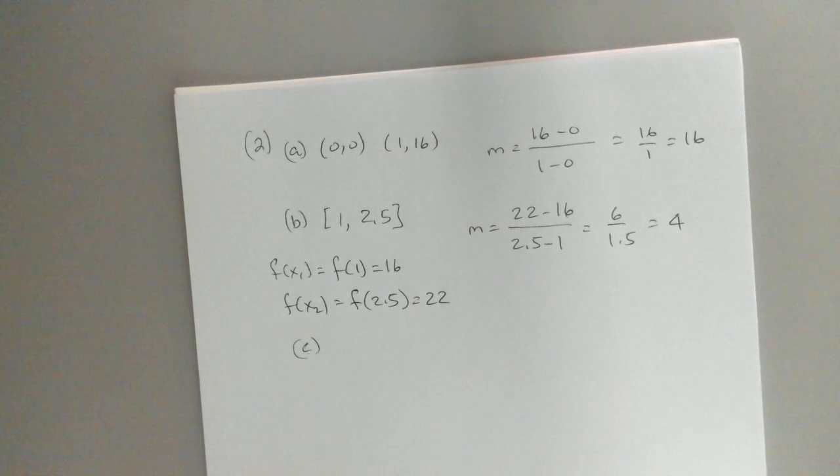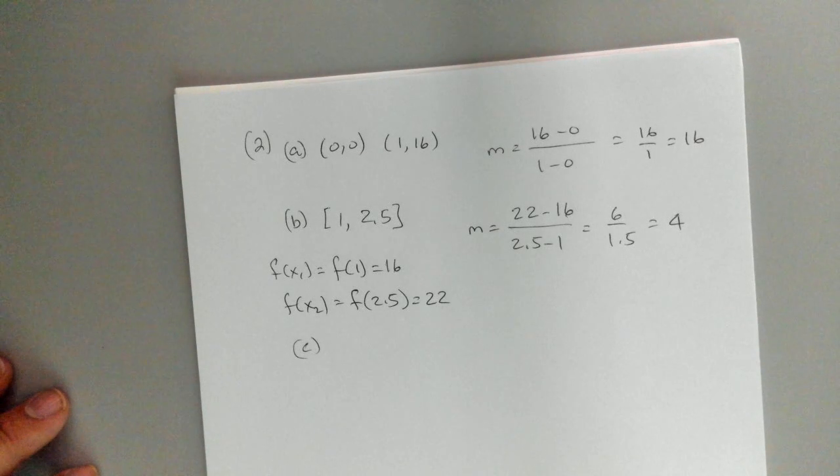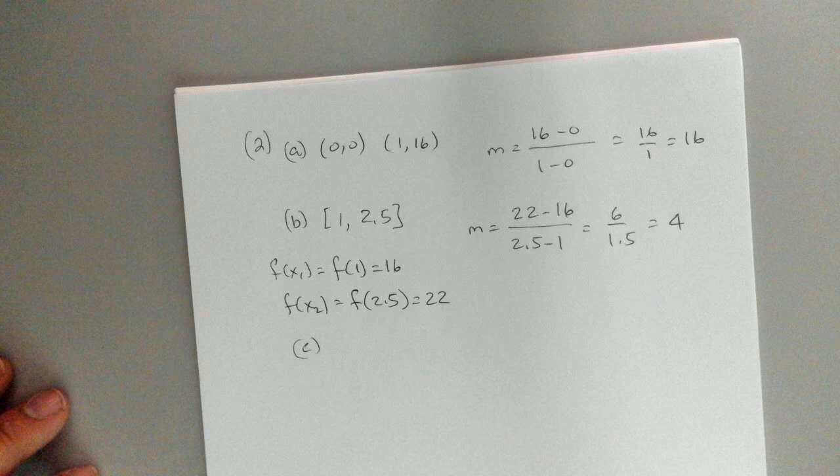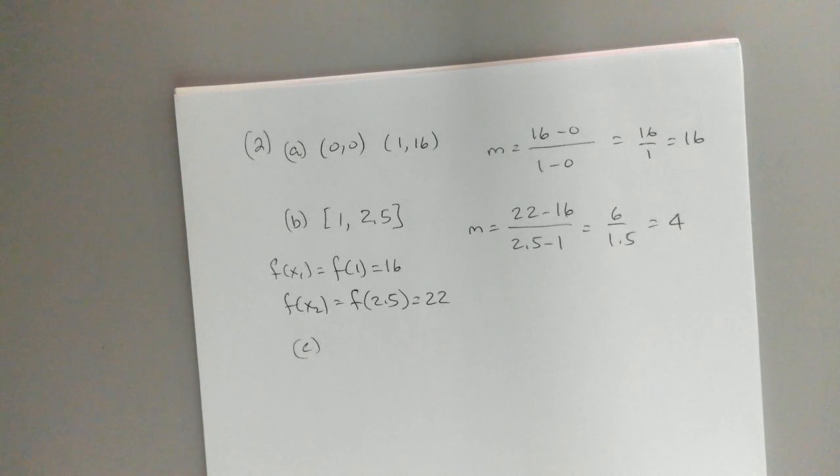Okay, now it gets fun. How do you find the instantaneous rate of change, or instantaneous speed? What we're looking for here is at time equals 1/2. How do you find that instantaneous rate of change?